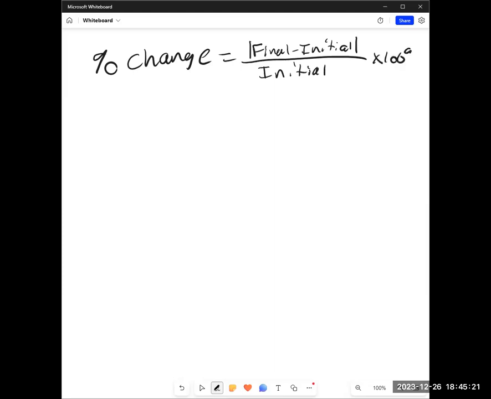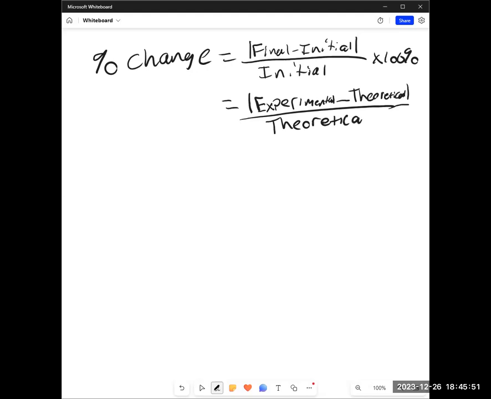So you might see it written a couple different ways, but for instance, in a science class, you're going to have your experimental minus your theoretical that you would have gotten from your formula, over your theoretical, times 100%.